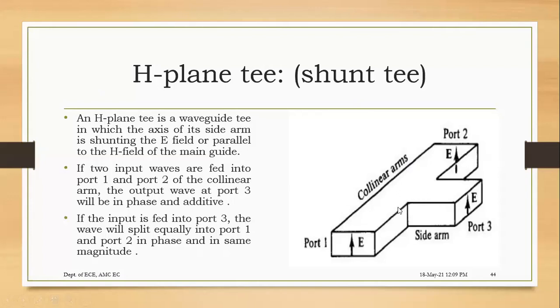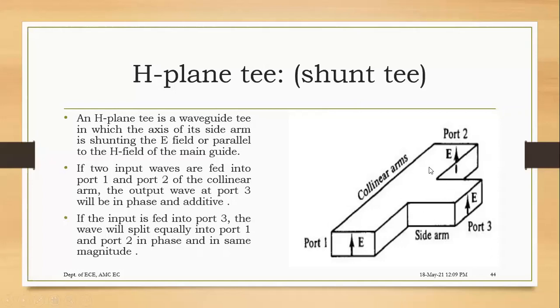So if the two input waves are fed into two ports, that is port 1 and port 2 of the collinear arm, the output wave at port 3 will be in phase and additive.